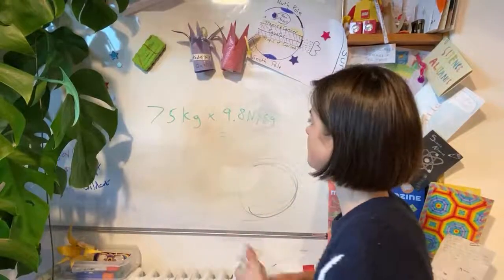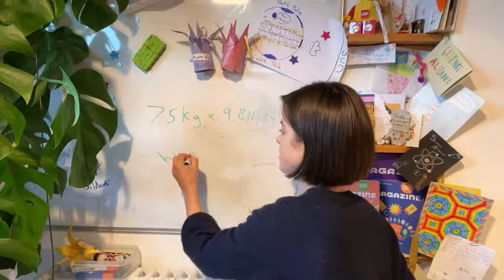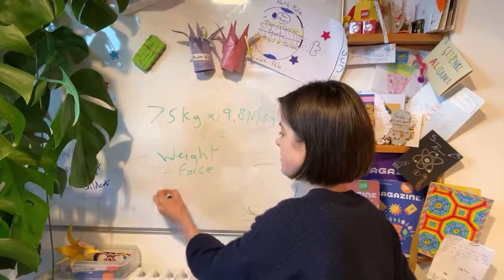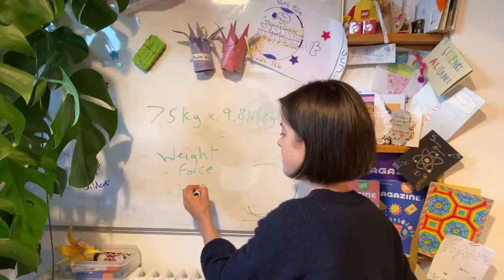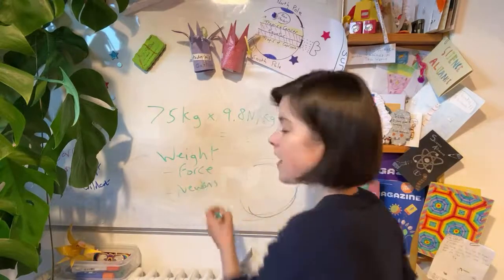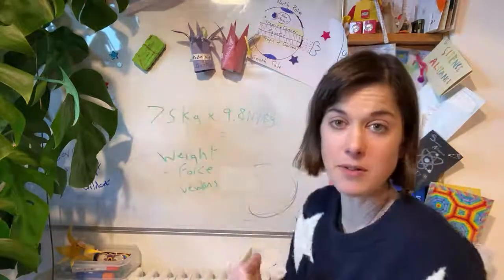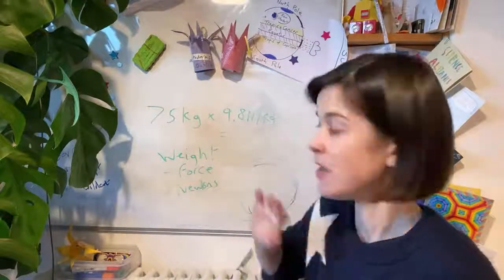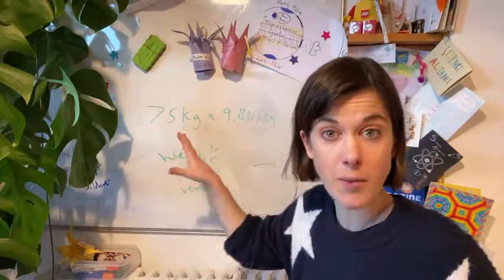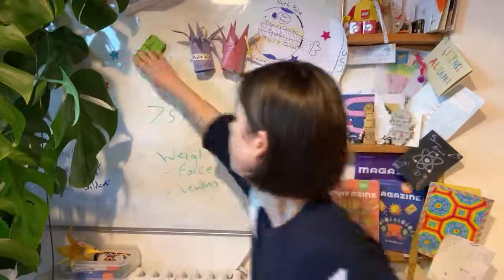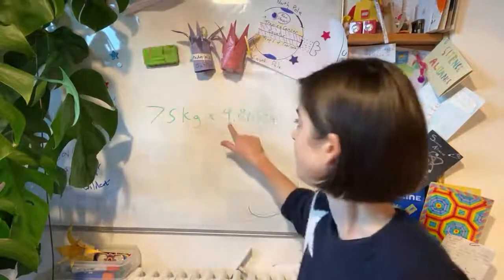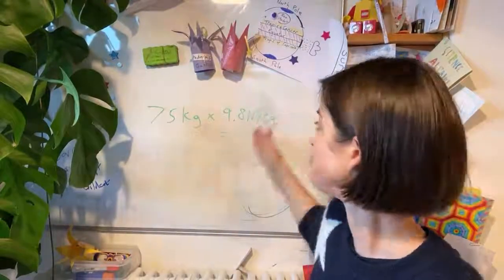Weight is a force, which is measured in newtons. Your weight is how much you are being pulled downwards. It's how much gravity is pulling down on you. So weight changes depending on where you are. If you are on Earth, then Earth is pulling on you with a force of 9.8 newtons per kilogram.